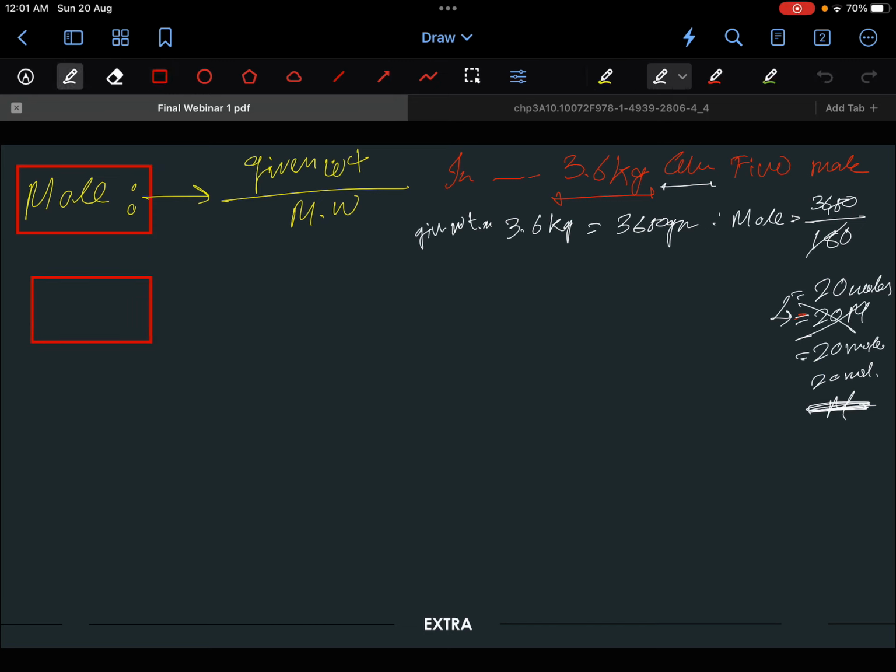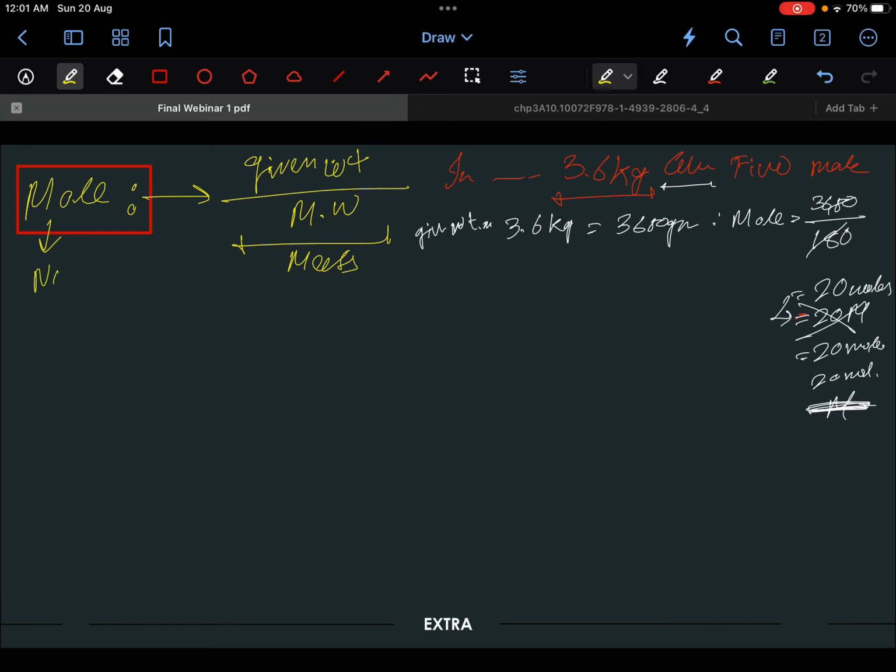But before coming to molarity, one second, I will discuss other ways of finding moles. This is not the only way of finding mole when the mass is given. In many numericals you will find that the number of molecules is given. So how will we find how many moles there are?